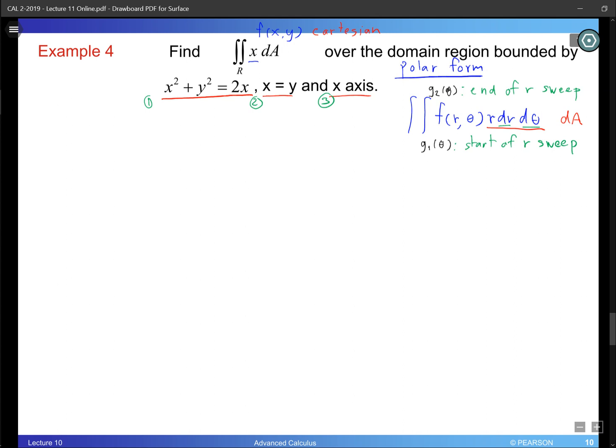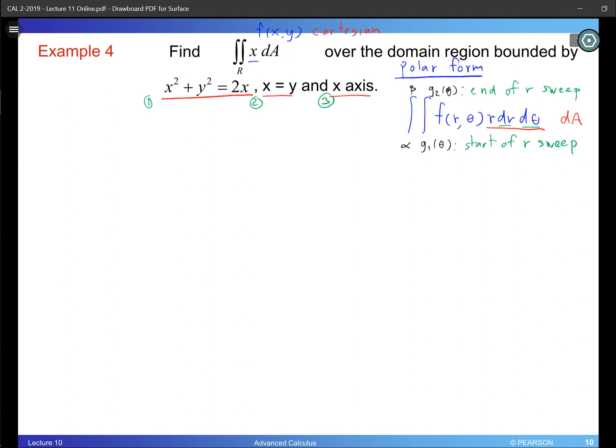Okay, the next integration is with respect to theta. So theta starts from some value, and we call that alpha, and ends at another value over the whole range, ends at theta equal to beta. So we are going to use this formula.